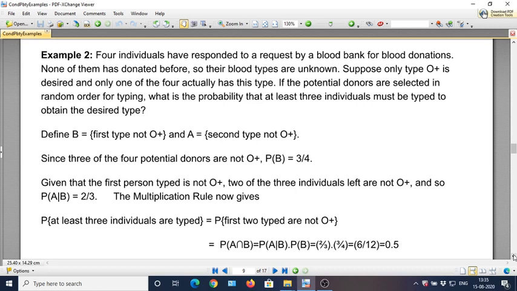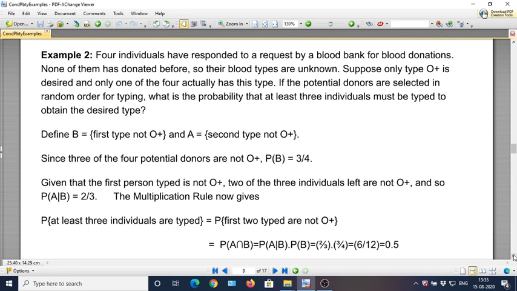It is easy to compute. It means that the first two tosses resulted in a tail, and only in the third toss for the first time you are looking at a head. So it is probability of tail into probability of tail into probability of head, which is 1 by 2 power 3 for a fair coin.